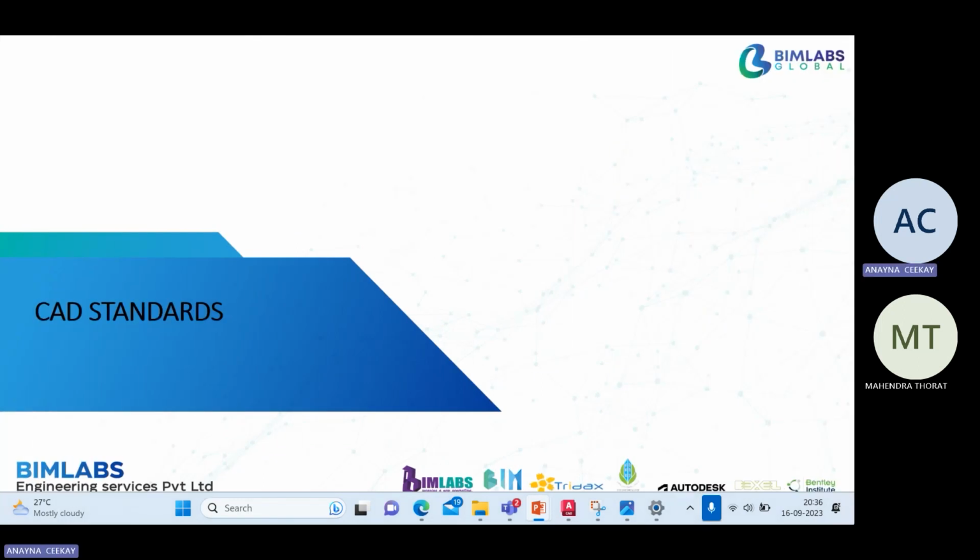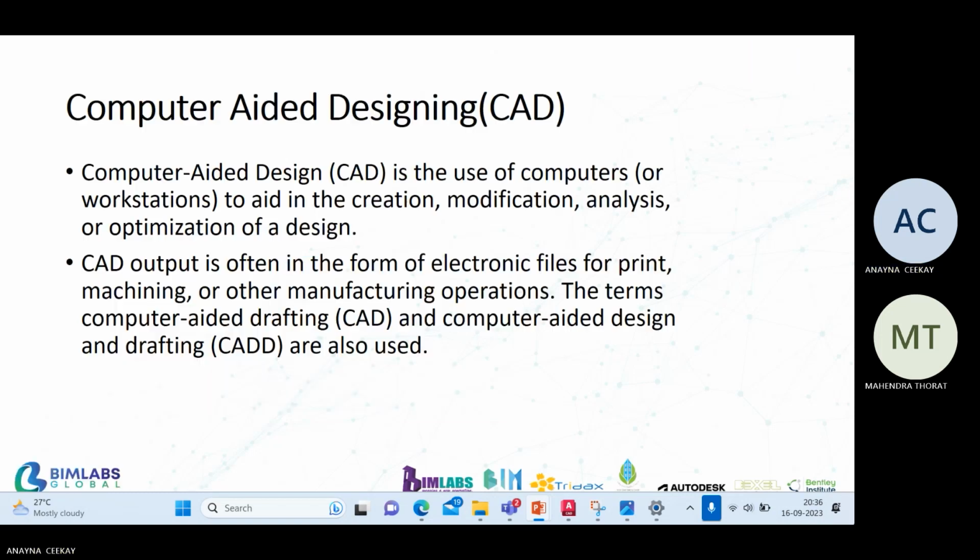So now let's come to our main topic, CAD standards. CAD means computer aided designing. CAD is the use of computers to aid in the creation, modification, or optimization of design.